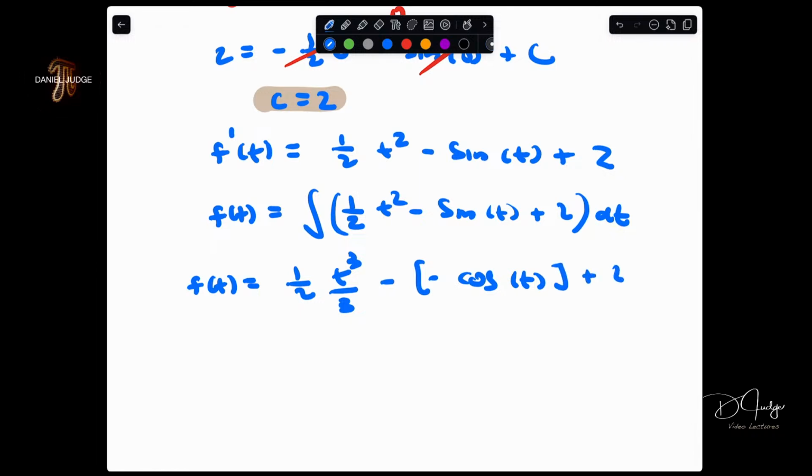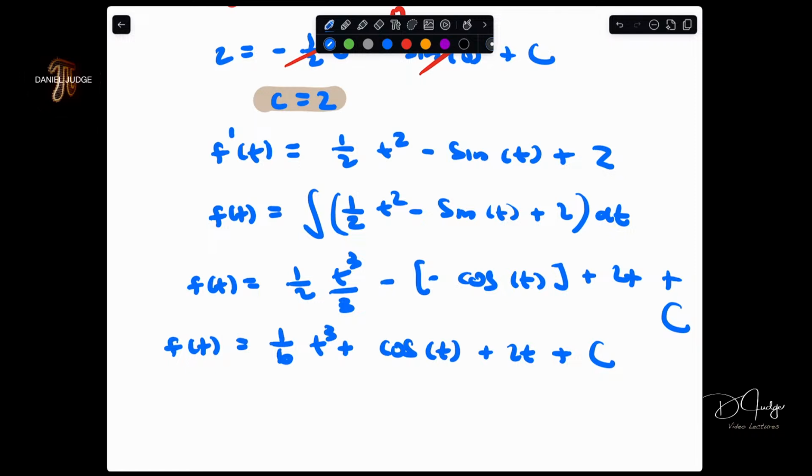Okay, and that'll be plus 2t plus a c here. So let's do some arithmetic. That's 1/6 t cubed plus cosine t plus 2t plus c.